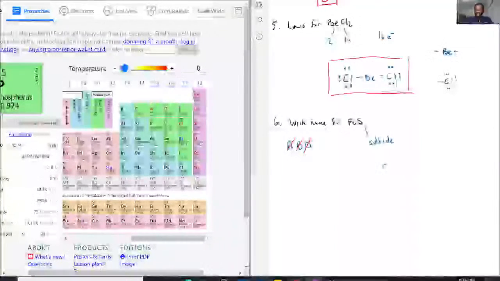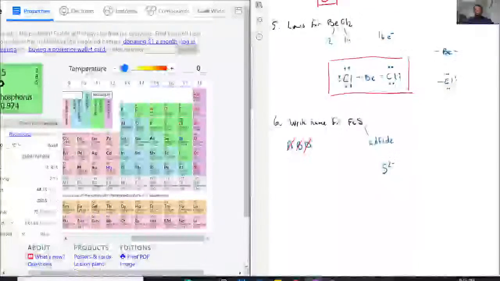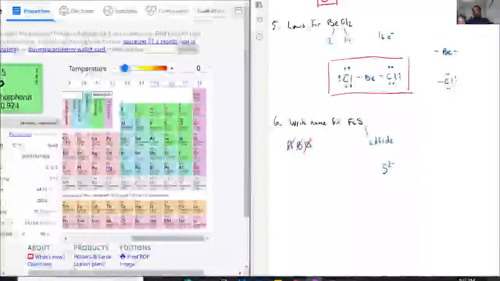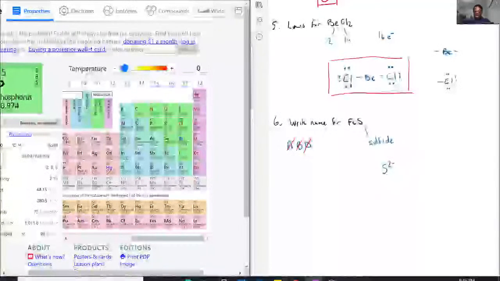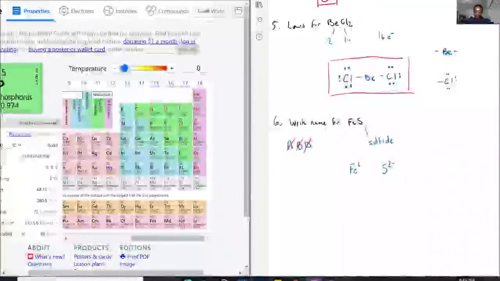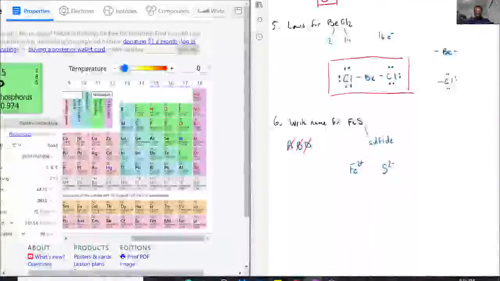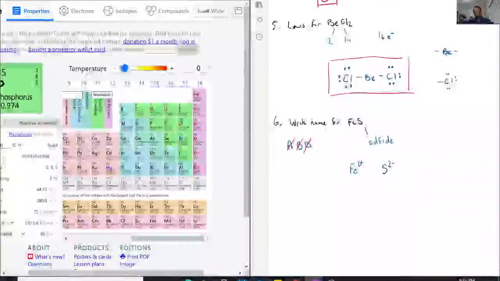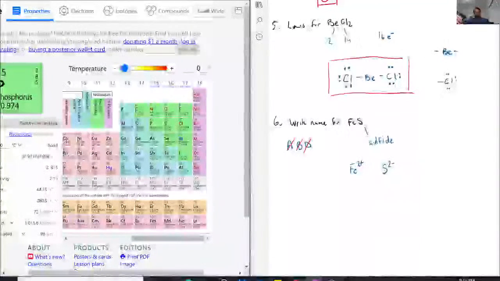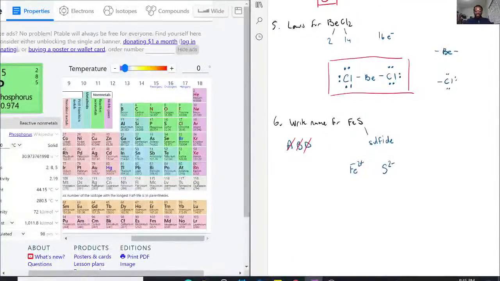So we would typically see S2-, okay? Now, if you want the total charge to have a net of 0, what does the iron have to be? Iron literally has to be Fe2+.